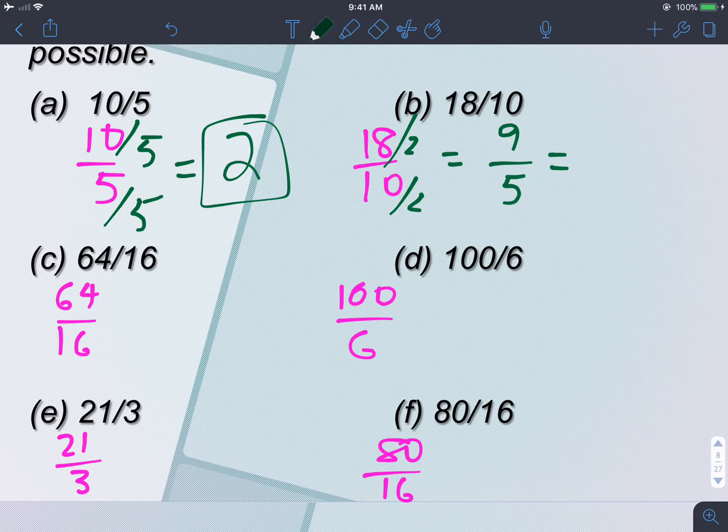Write it as a mixed fraction. Can you do it? 1 4/5, exactly right.